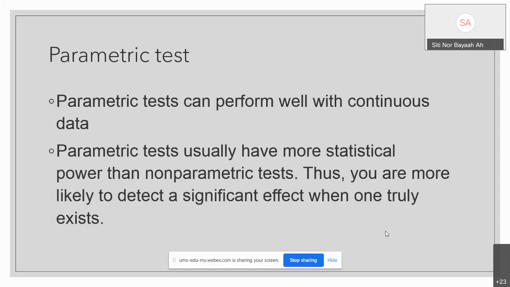When you are testing your normality, data needs to be normalized or normally distributed. Then you can make an assumption that the data can proceed to be tested under a parametric test.